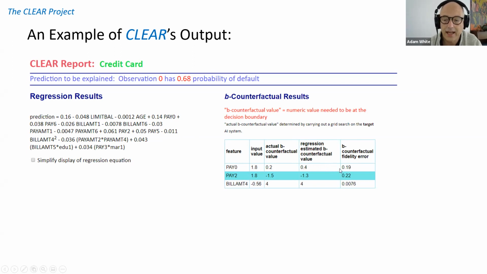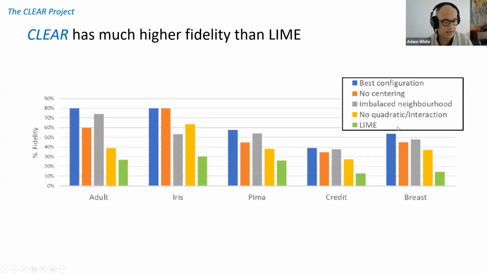So in that case, we've got a fidelity error of approximately 0.2. Okay. Now we compared Clear with Lime over 5 data sets and over hundreds of observations, and we found on average that Clear's fidelity was 40% better than Lime.